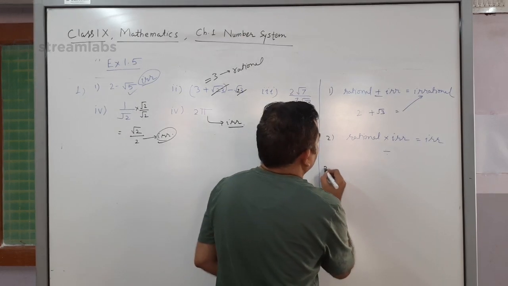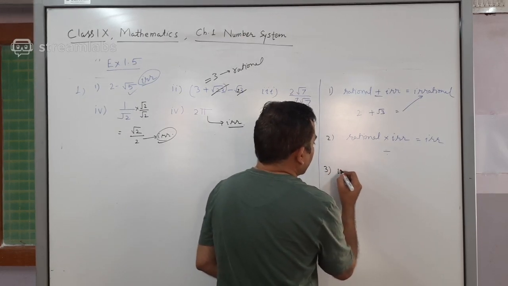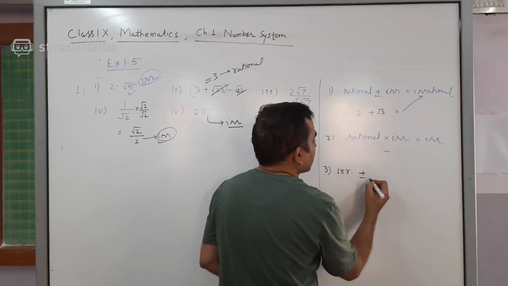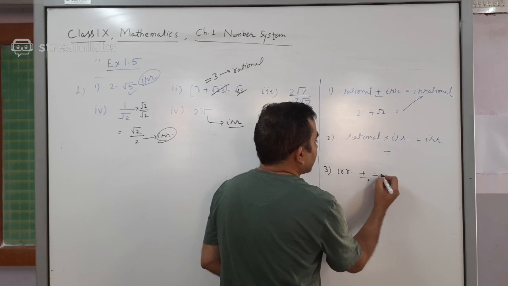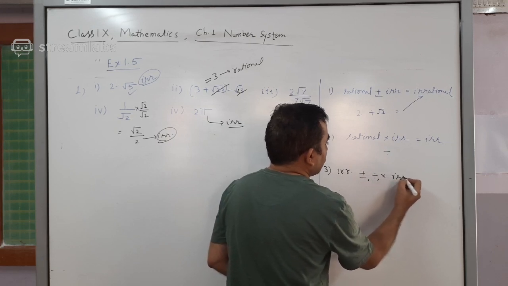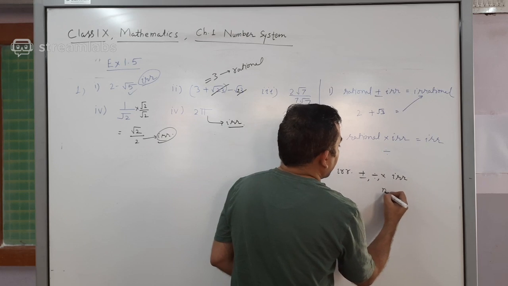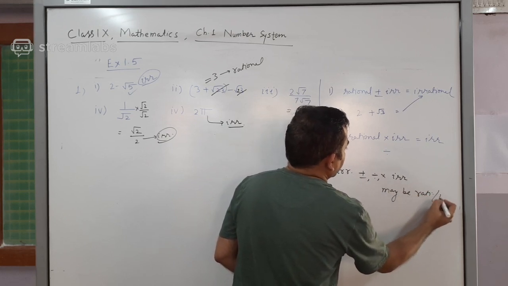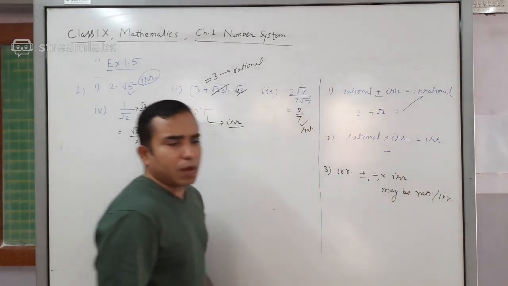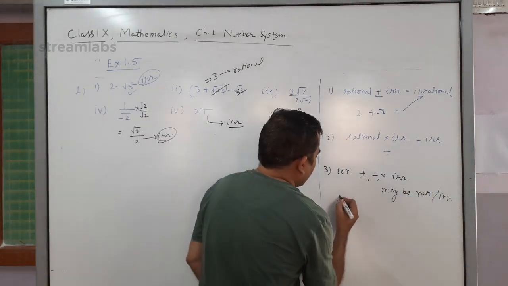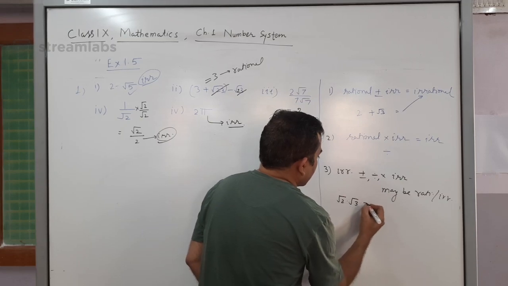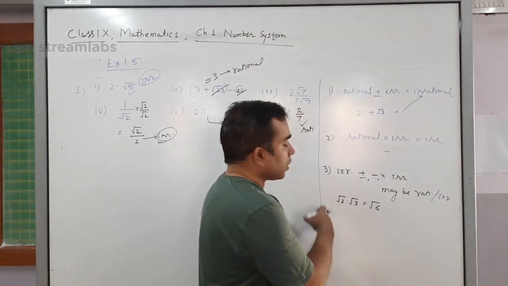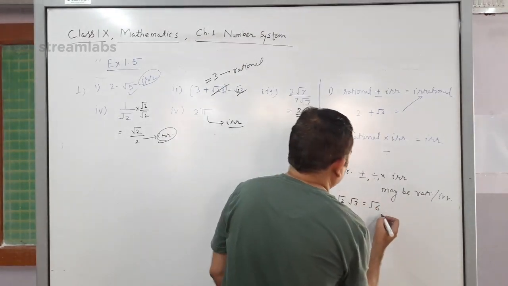Another theorem is that when you take two irrationals and then you plus or minus or divide or multiply, whatever, and this work you do with irrationals, the result may be rational or may be irrational. Right. For example, root 2 into root 3 is what? Is root 6. Irrational into irrational is irrational here.